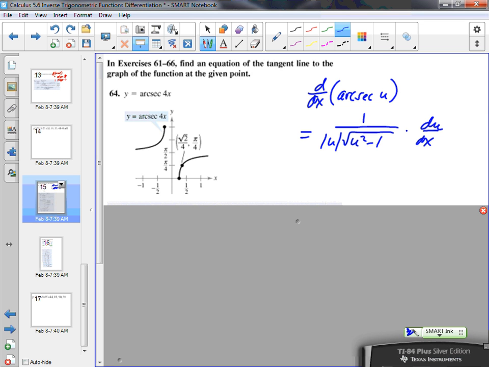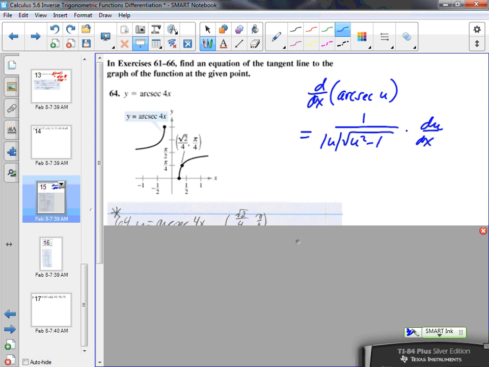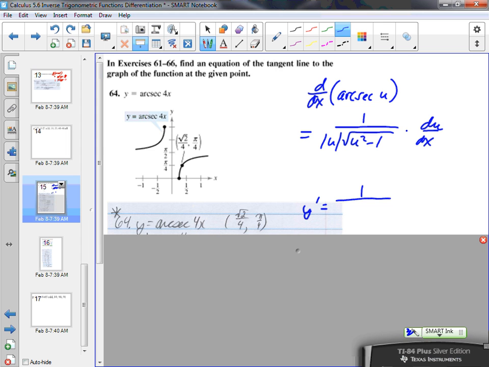All right, if we're finding the derivative of the arc secant of 4x, 4x is the u, isn't it? Okay, so y prime equals 1 over the absolute value of u, that'll be the absolute value of 4x, times the square root of u squared, 4x in parentheses, squared, minus 1, times the derivative of u, the derivative of 4x.